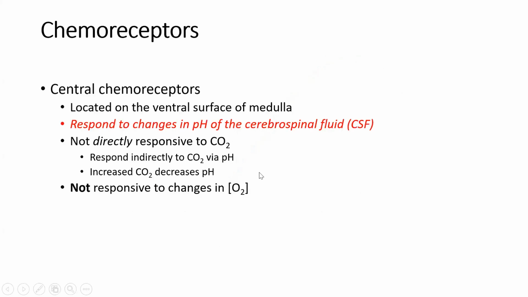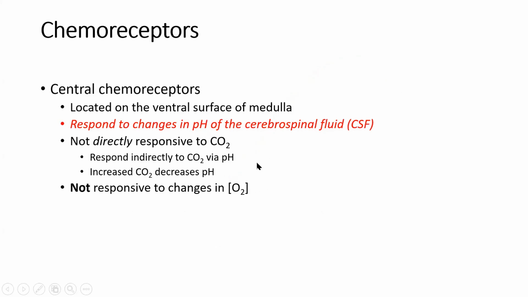All right. Then getting into the chemoreceptors here. So the chemoreceptors we said are located within the medulla, so within the brain. They're going to be sensitive to changes in the pH of our cerebrospinal fluid. And so they're going to be sensitive to CO2, but not directly. They're going to be indirectly sensitive to our levels of CO2.